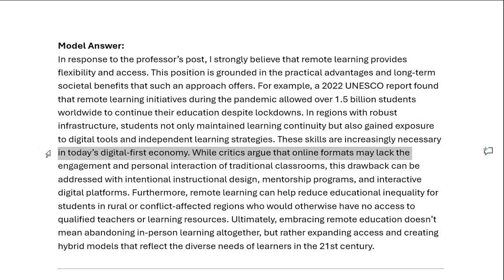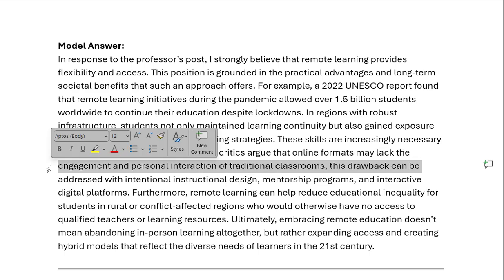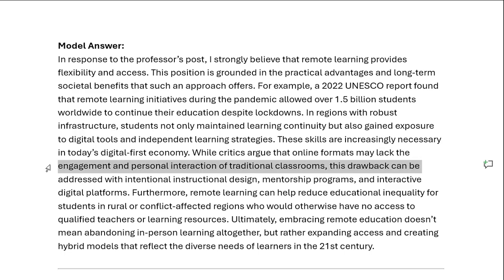While critics argue that online formats may lack the engagement and the personal interaction of traditional classrooms, this drawback can be addressed with intentional instructional design, mentorship programs, and interactive digital platforms.